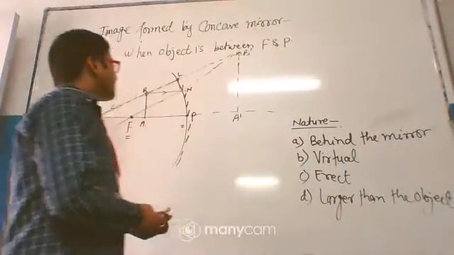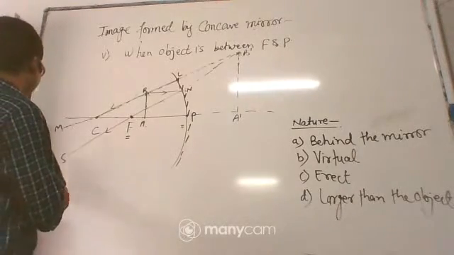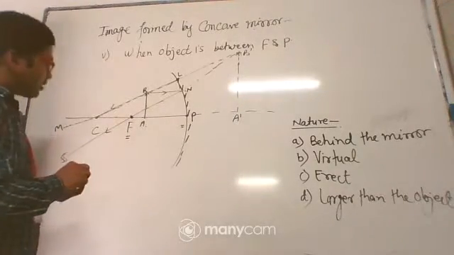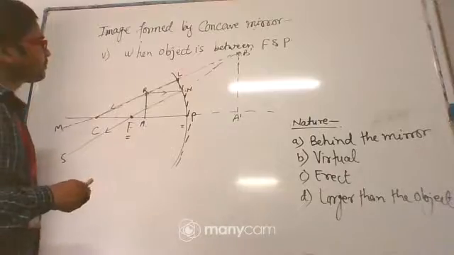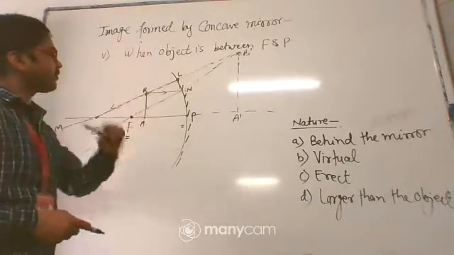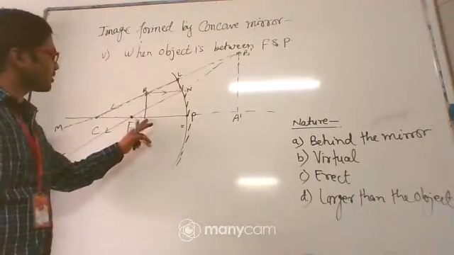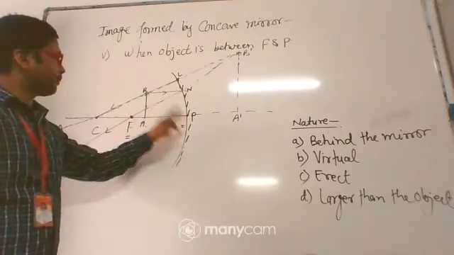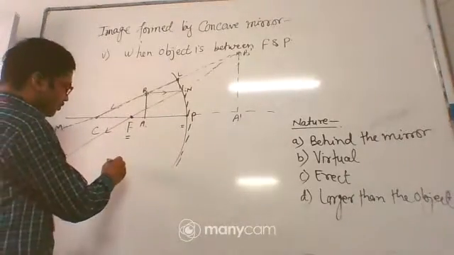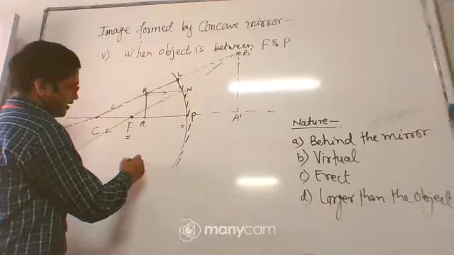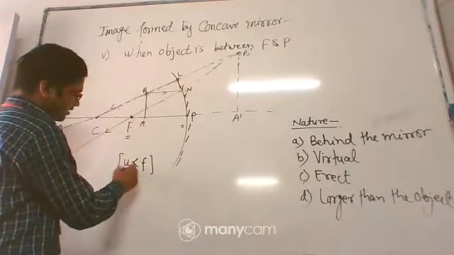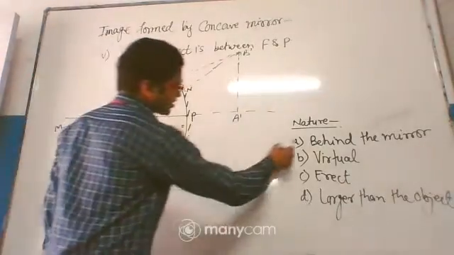Okay, so it means you can see the erect image of the object when you place this object between F and P, meaning if u is less than f, in this case you can see this type of image.